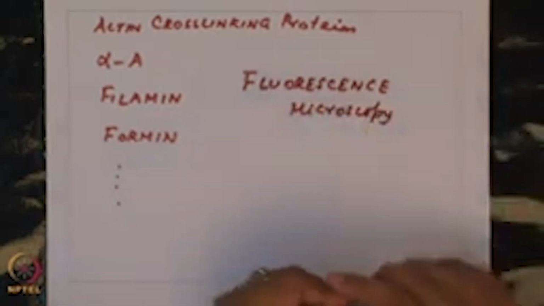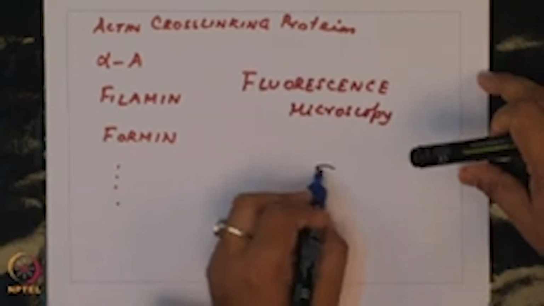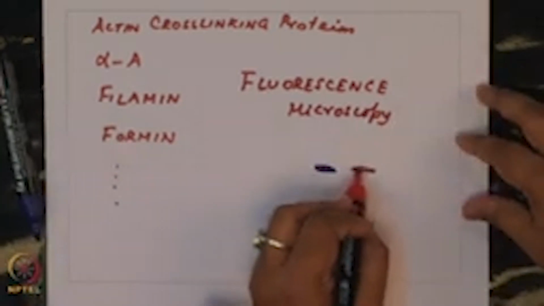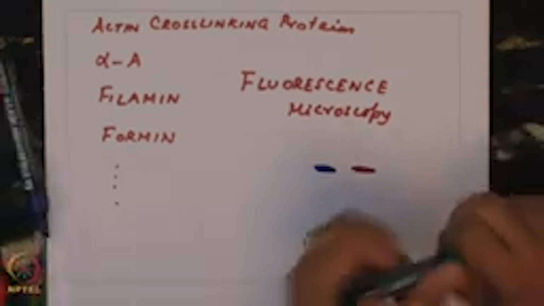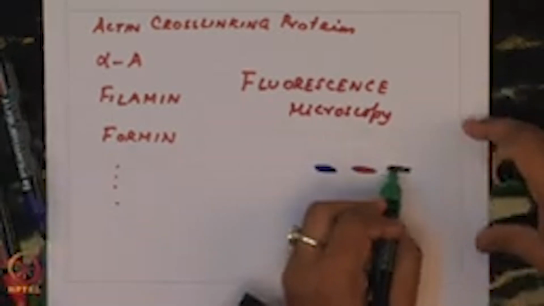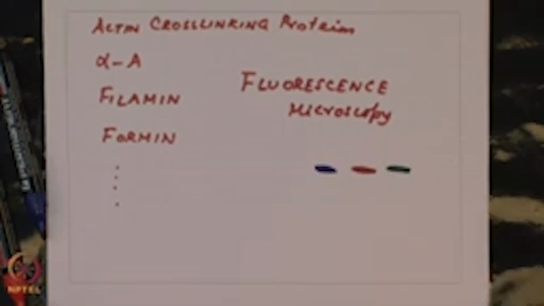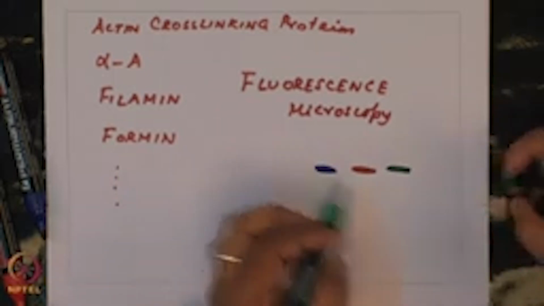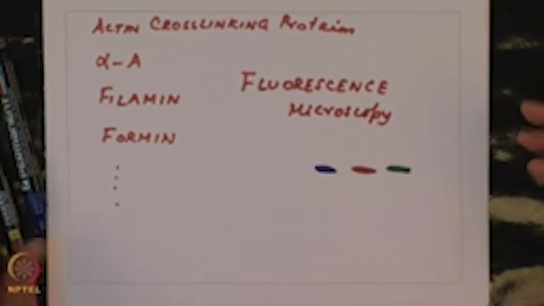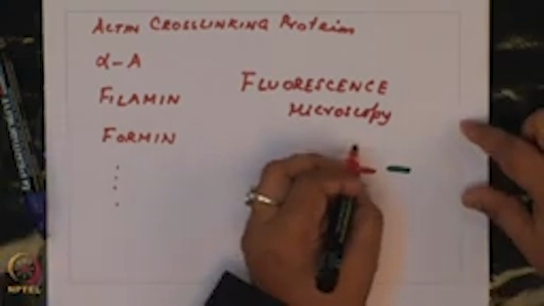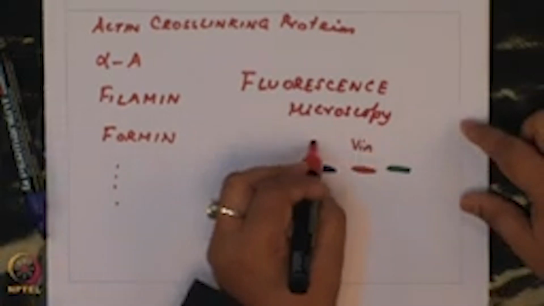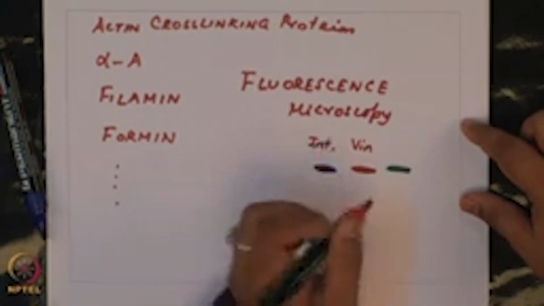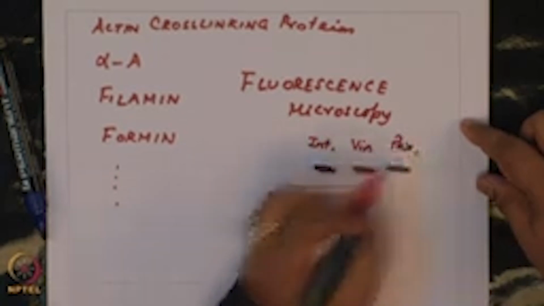Okay. So, if you were to use fluorescence microscopy, I am just drawing several proteins. In one channel you might see this, in another channel you might see this, in another channel you might see this, suggesting that they span the entire focal adhesion. So, this is 3 different channels. You have labeled 3 different proteins, let us say this is vinculin, this is integrin, and this is paxillin.